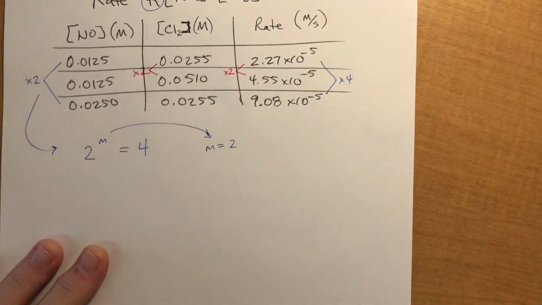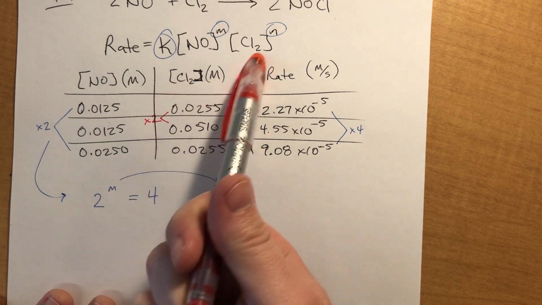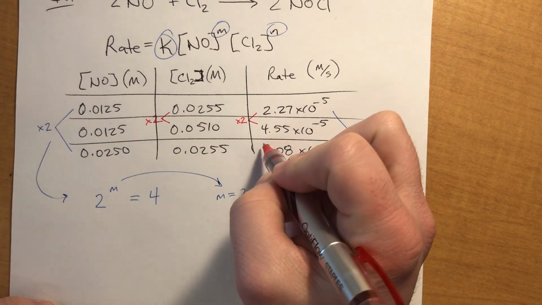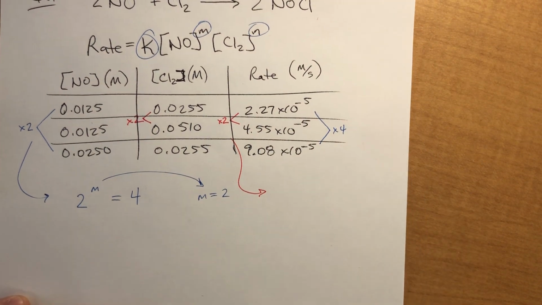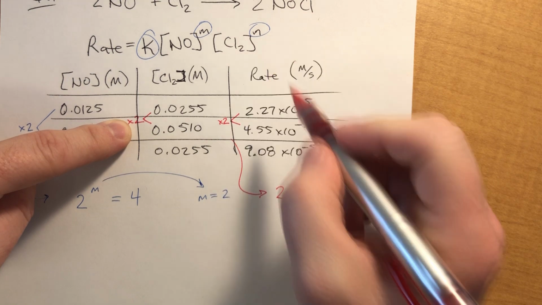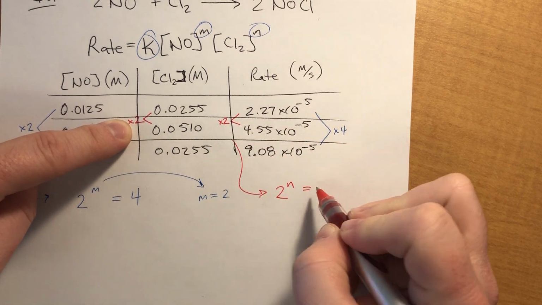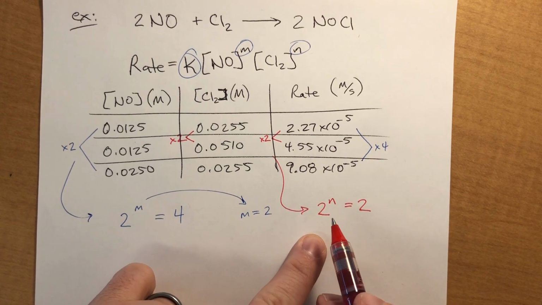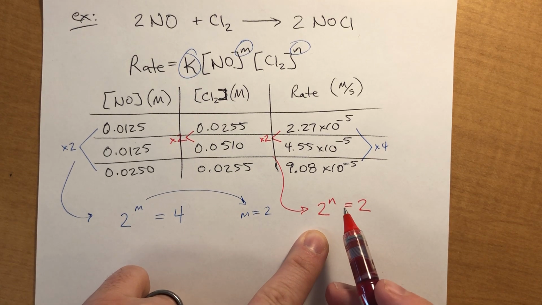So, to solve for n, because Cl2 is the one that we're looking at changing, I'm going to run out of space here. Well, let's do this over here. We saw that when the concentration doubled, this is the one that has an exponent of n, the rate also doubled. So the only mathematical way for this to make any sense is if n is equal to 1.